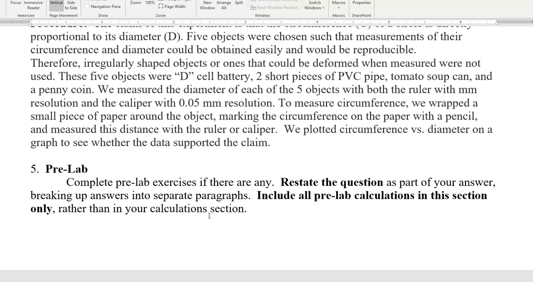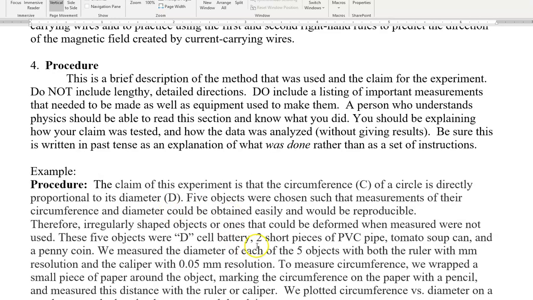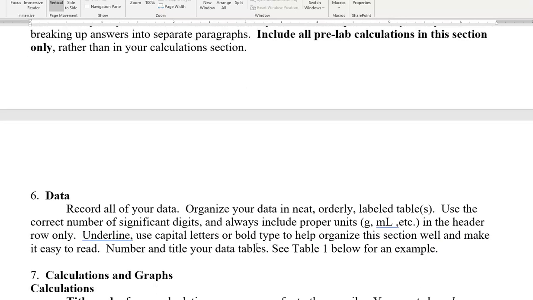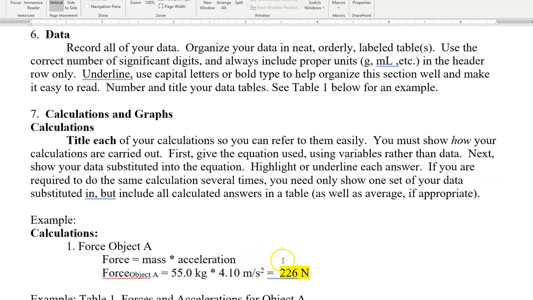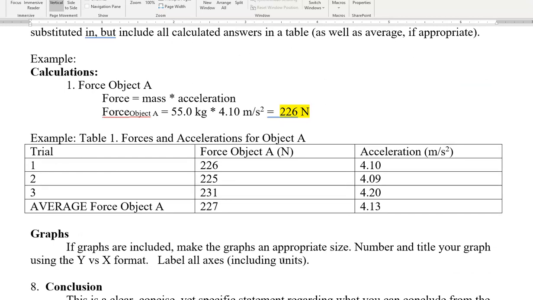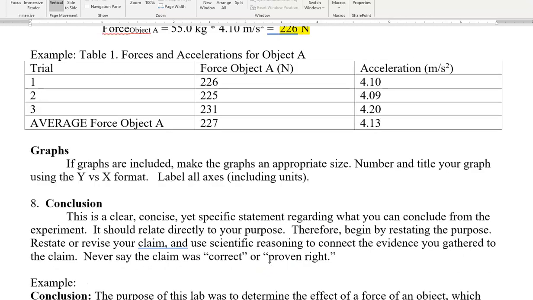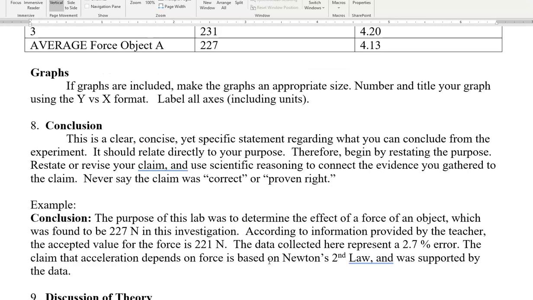It has an example of a procedure, an example of how to type your calculations. We don't have any graphs in this lab, so ignore that part. It has an example of a conclusion. Notice how short it is.